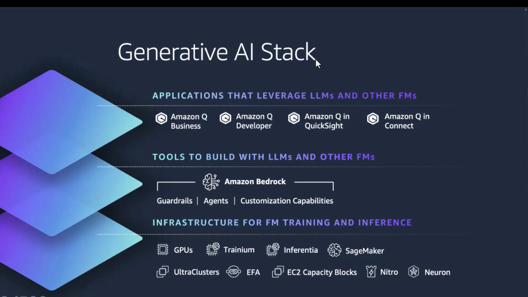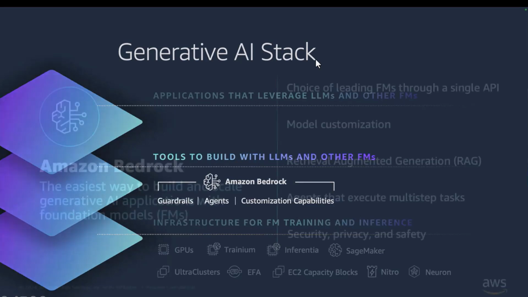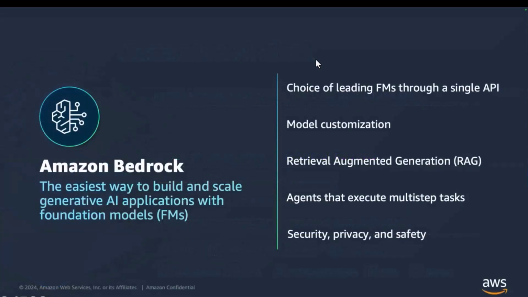But in the middle of the stack is where we see Amazon Bedrock, and I like to think of Bedrock in a way as an API gateway that gives you the flexibility to choose what foundation model you want to use.